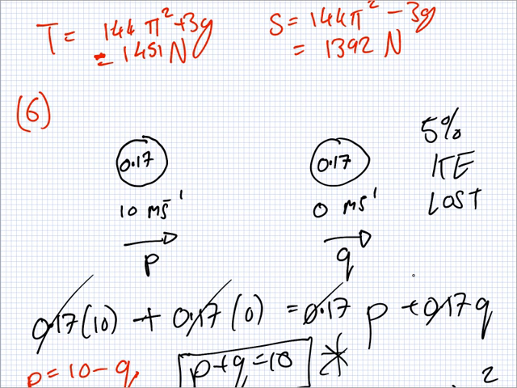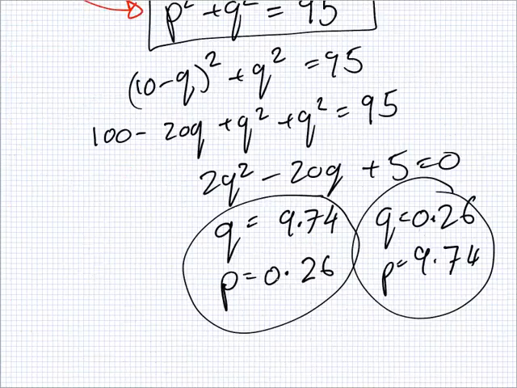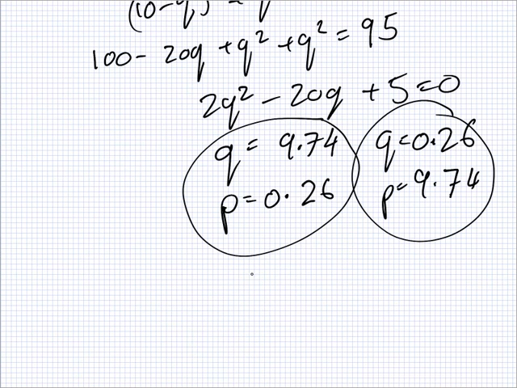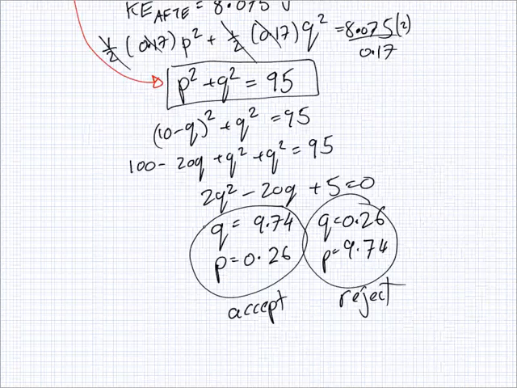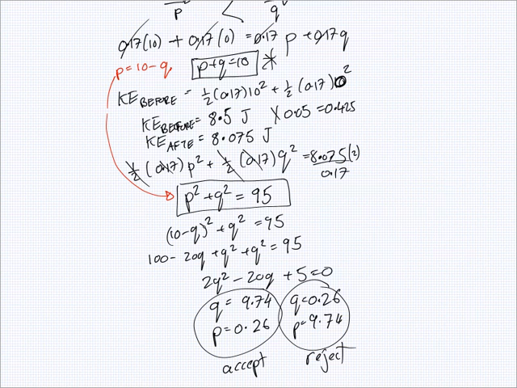So the Q has to be bigger than the P, because if the P was bigger, then it passed through the Q. So the Q has to be bigger, which makes this one the correct one, and this one we should reject. What do you think, Kim? Okay? It's okay? Yeah.